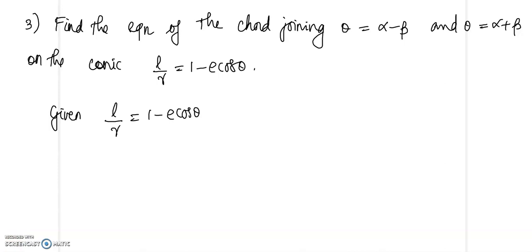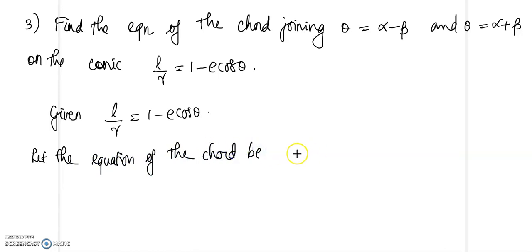So let us take the general polar equation of a line. So let the equation of the chord be L by r equal to A cos theta plus B sin theta. So these are the equations of the conic and the chord.